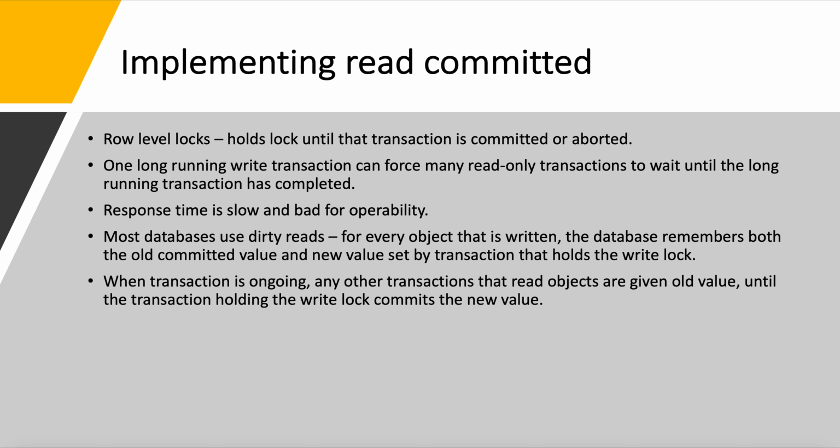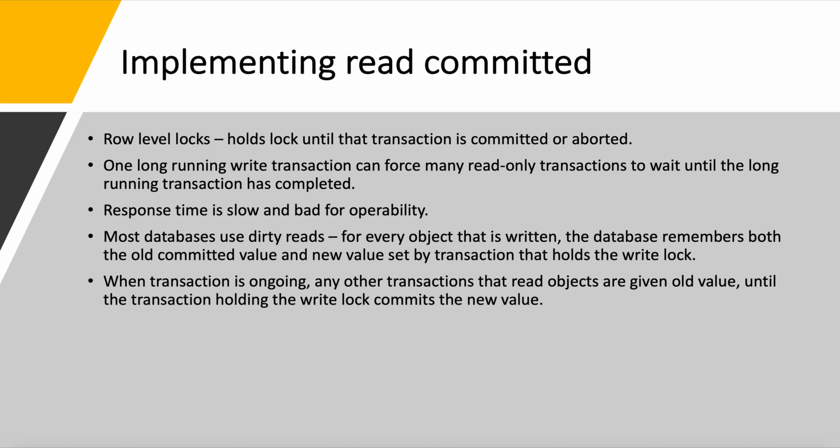Let's see how we prevent dirty reads. One option would be that a transaction which wants to read some object also acquires the lock on that object and releases it again after it has read the data. This would ensure that a read could not happen while an object has a dirty uncommitted value, because the lock would be held by the transaction that has been writing.